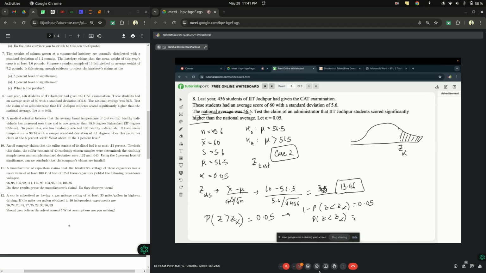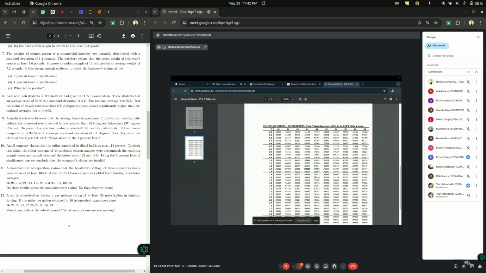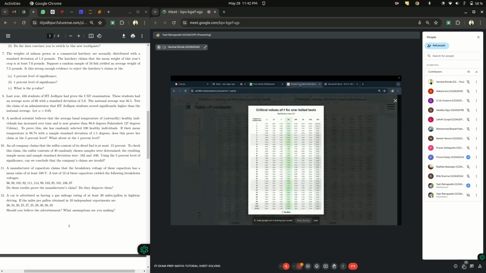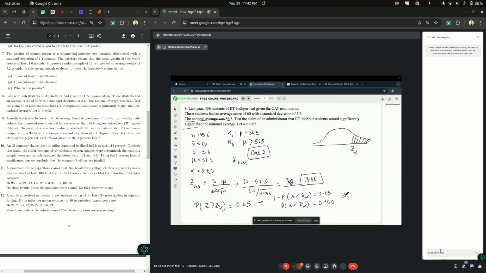One thing to remember, you need to follow this pattern. For Z alpha, it will definitely be 1.64 or 1.96. At 1.64, what value comes? 0.945. Yes, this is the point. So my Z alpha is 1.64. Now tell me, 13 is very far away, right?